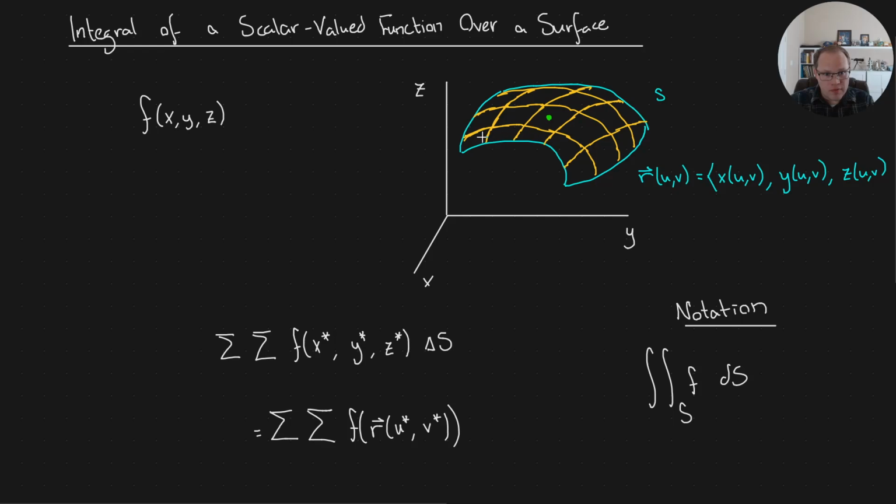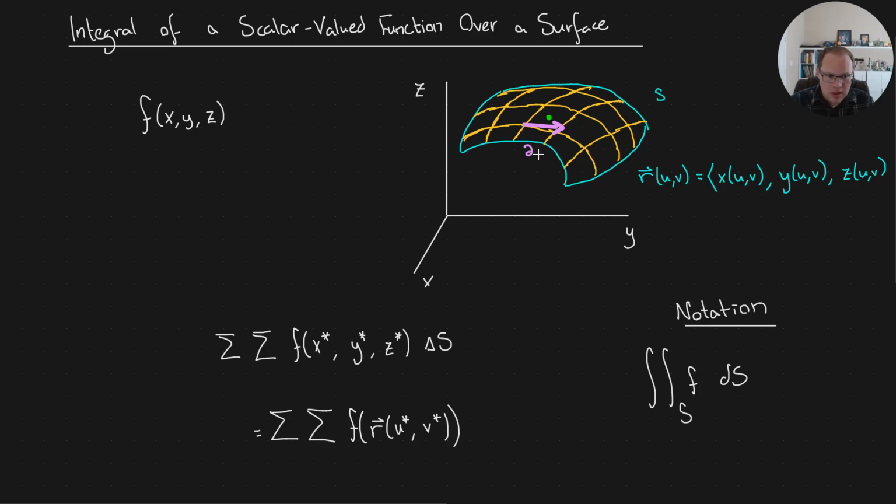So if this line represents a constant value of v, and I'm changing u, then it's going to give me a vector tangent to the surface. Okay, tangent to the surface.